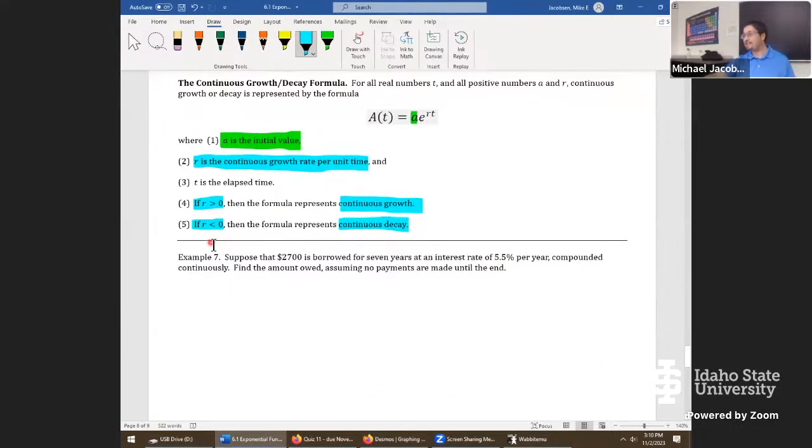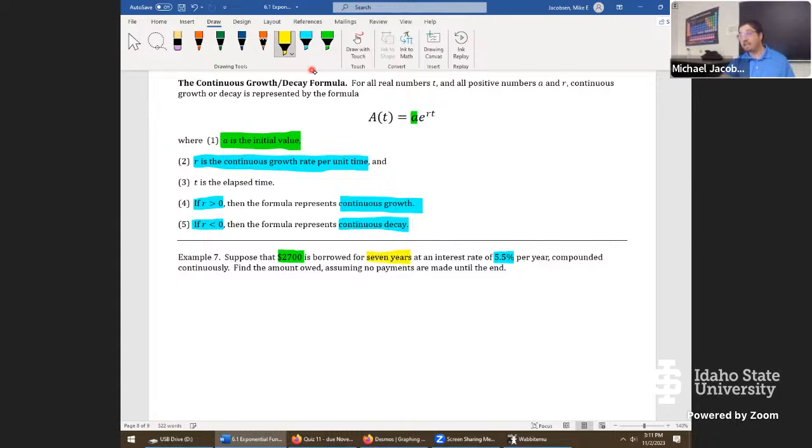Now let's try it out right away. Example 7, again, even though the equations look strange, these are very, very fast problems. They're kind of fun in a way. It says, we're back to money, $27,000 is borrowed for 7 years. That would be the initial value. At an interest rate of 5.5% per year, that's going to be the growth rate, because now we're thinking positive.